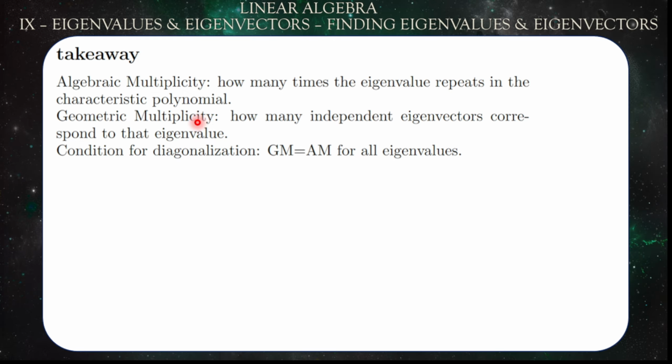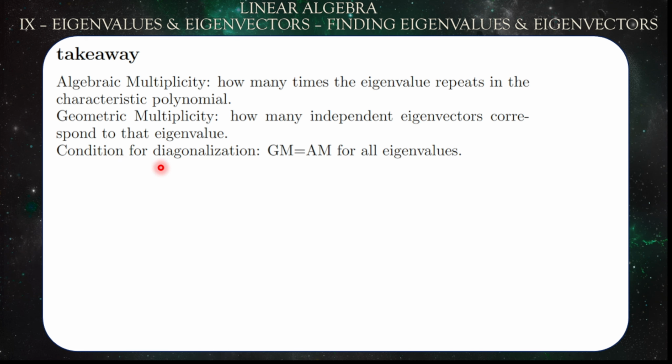Now, second, geometric multiplicity is how many independent eigenvectors correspond to that eigenvalue. As we've seen in the former example, we only got one eigenvector versus the algebraic multiplicity AM, which was 2, meaning that you had a double root.